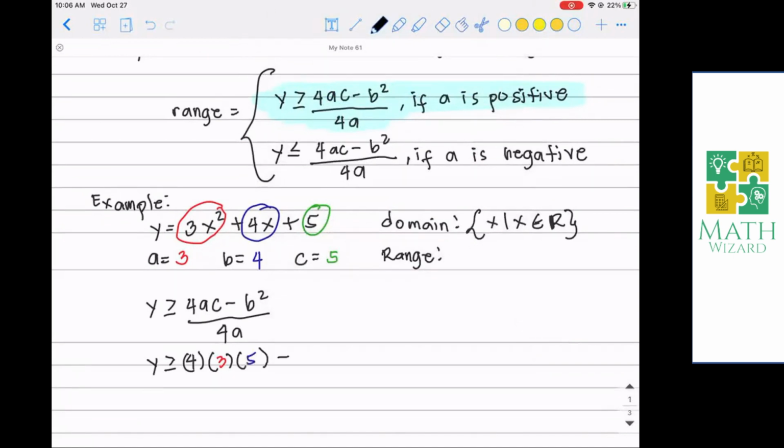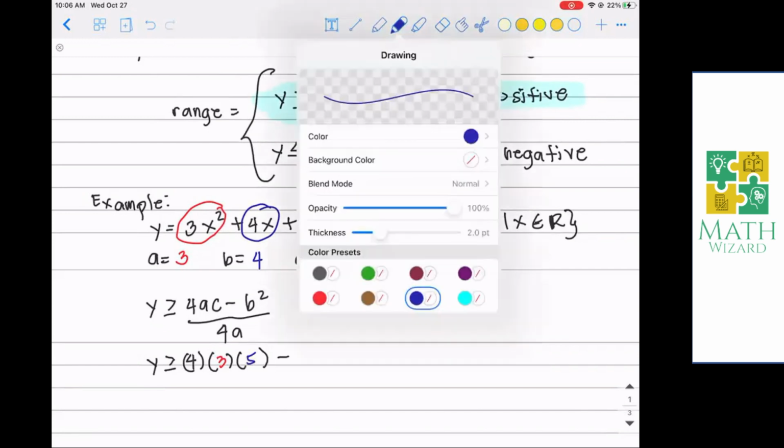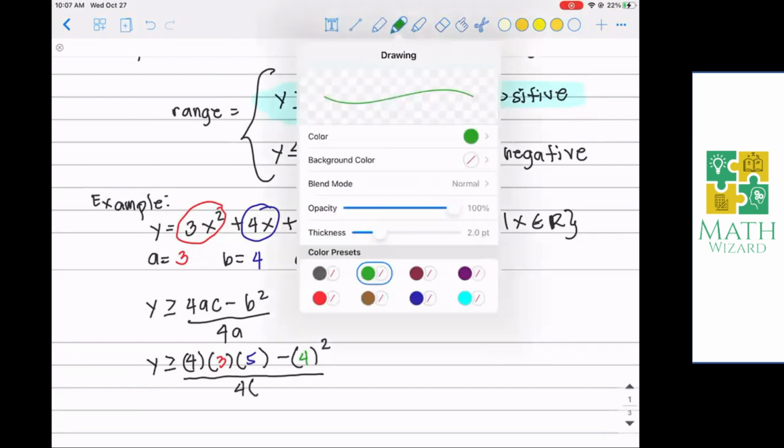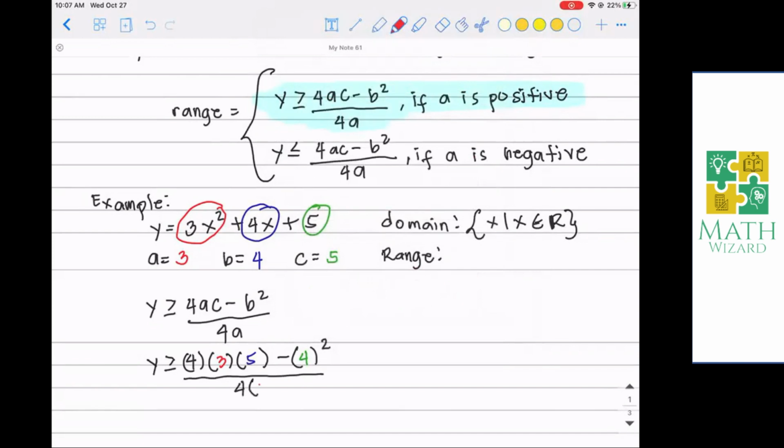Minus the value of letter B, 4, squared, over 4 times the value of A, which is 3. Yan na, nag-substitute lang tayo.